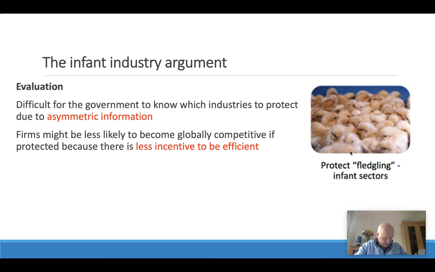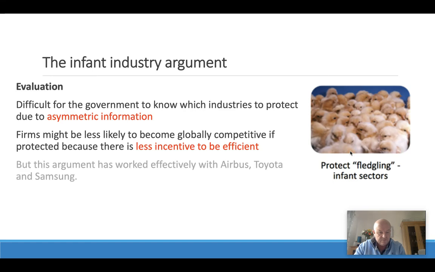So that's something to bear in mind too. And then obviously that creates less of an incentive to be efficient. However, you could argue that this has worked well for different parts of the world and different industries. So Airbus, Toyota, and Samsung have benefited from this principle.